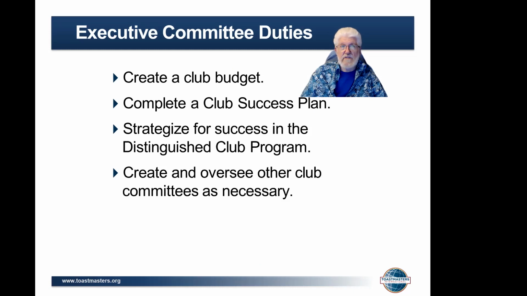And we chartered on the 1st of February, and by June the 30th, we were a distinguished club. Firebird Collective, the first online advanced club, did it in 3 months, but they had a lot of members. They had 40 members. I would say about half of them were DTMs already.